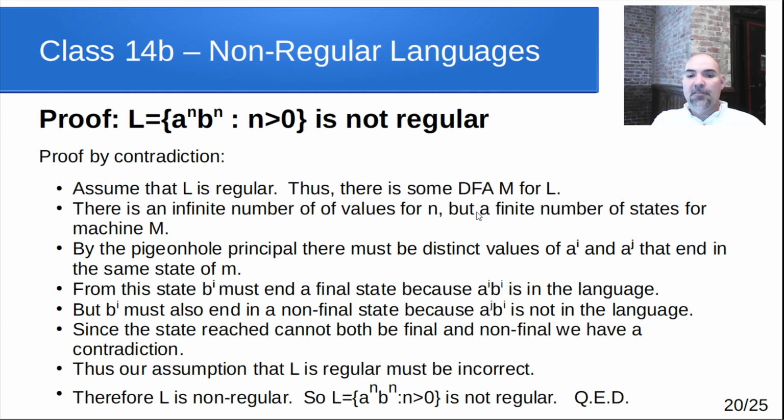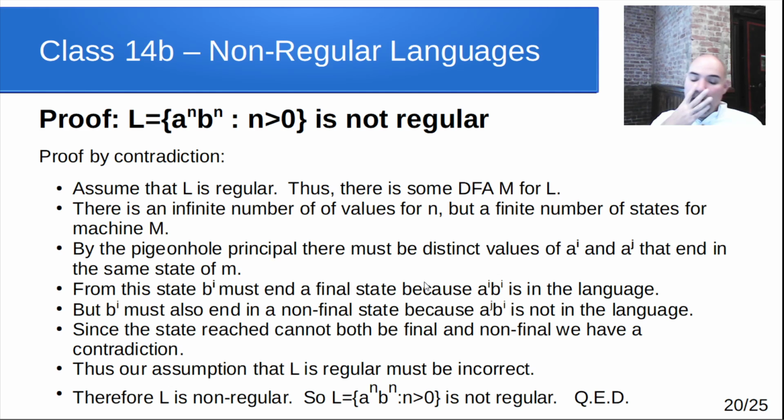If there is one, it has a finite number of states, but there are an infinite number of values for n, so there have to be two of these that map to the same state. And then from that state, if I consume b to the i symbols, that has to be a final state. But if I consume b to the i symbols, it also has to be a non-final state, and you can't have a state that's both final and non-final. It doesn't make any sense. Therefore, you can't have a DFA. And if you can't have a DFA, then it can't be regular.